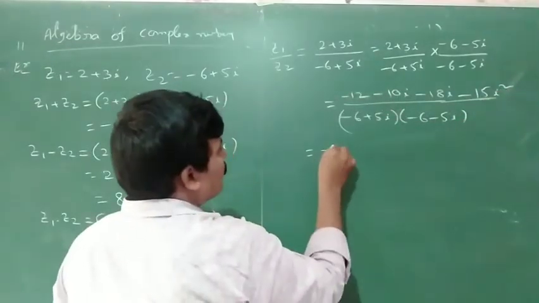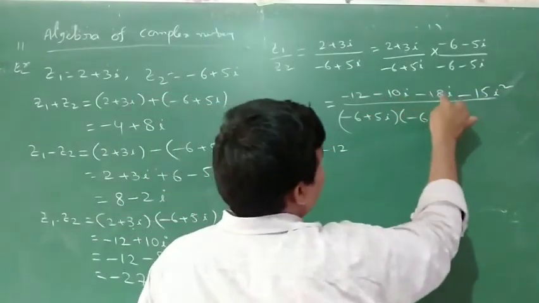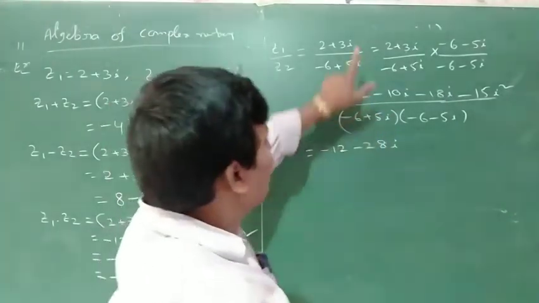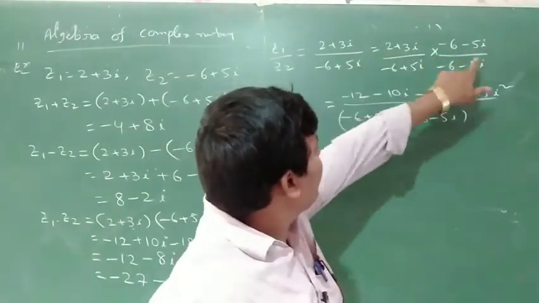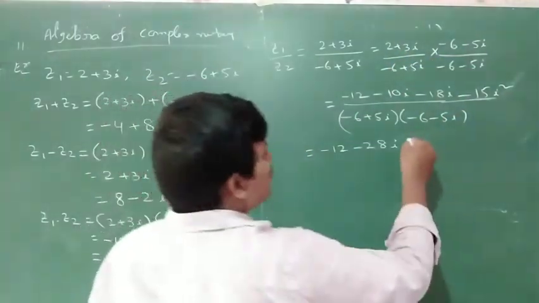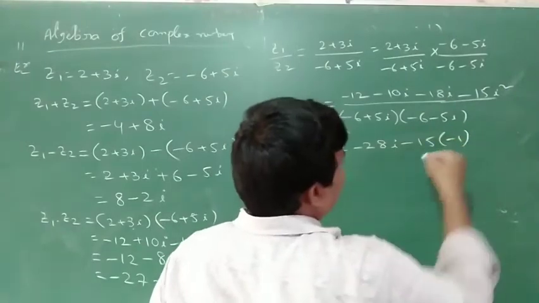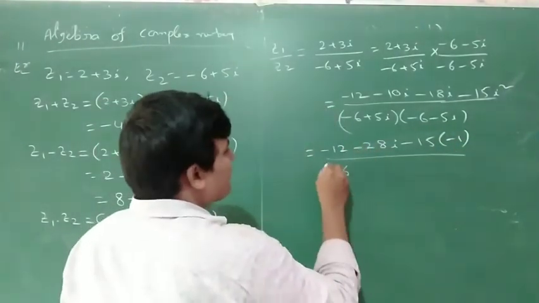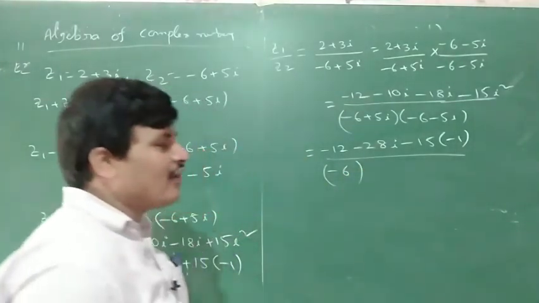So that is equal to minus 12 minus 18i minus 10i, minus 28i. Minus 15 into i square, where i square value is minus 1, by minus 6, using the (a plus b) into (a minus b) formula.